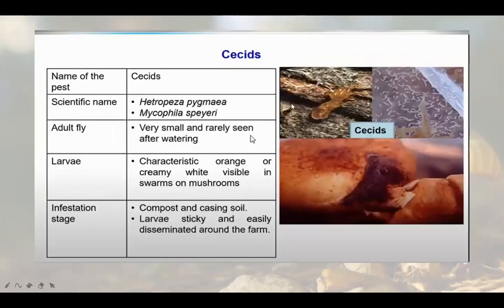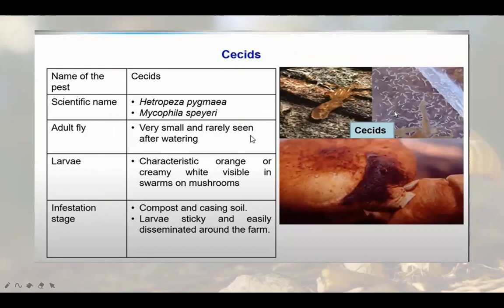Next, cecids. This is another pest. Scientific names are Heteropeza pygmaea and Mycophila speyeri. The adult fly is very small and rarely seen after watering. This is the adult fly; we can't see it very often.